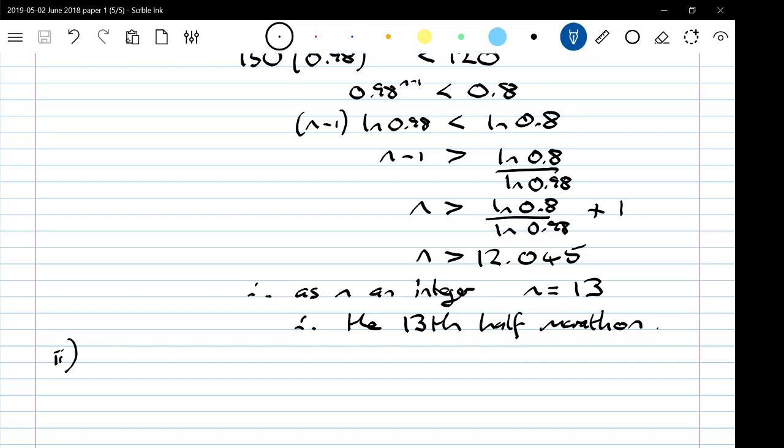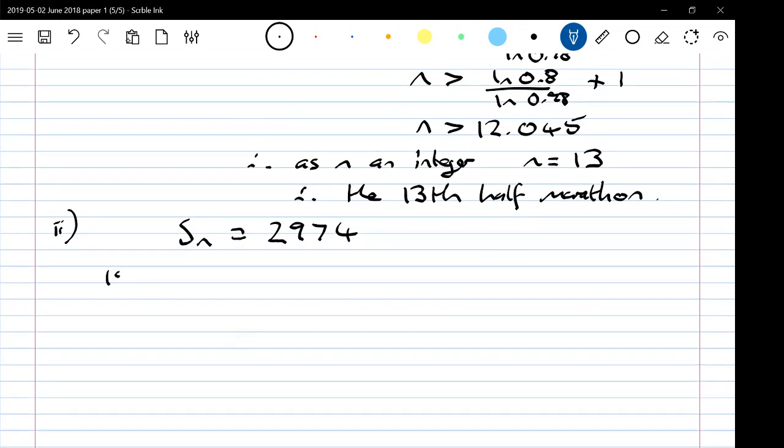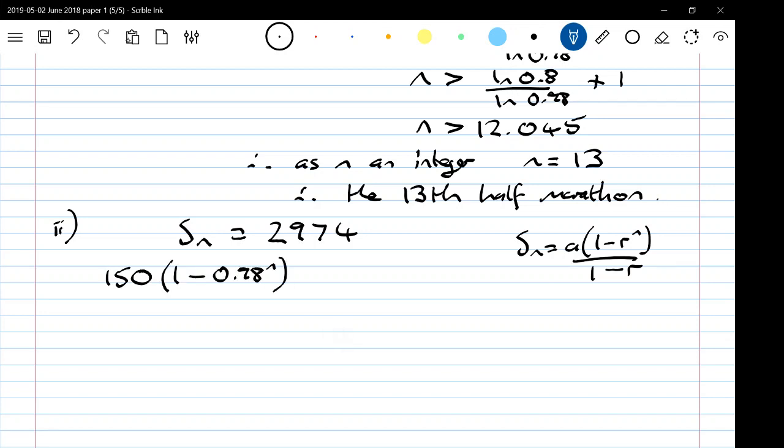That's saying that the sum of his n marathons is approximately equal to 2,974. So the sum is a times 1 minus r to the n over 1 minus r. So we're going to do 150 times 1 minus 0.98 to the n over 1 minus 0.98.